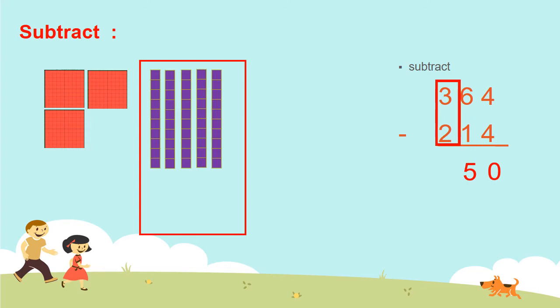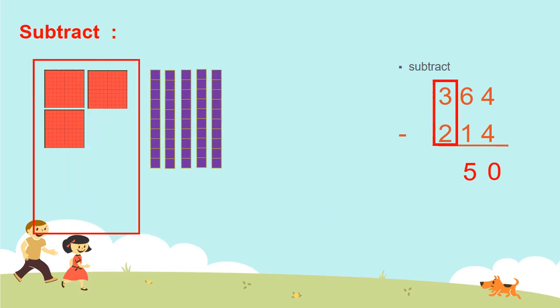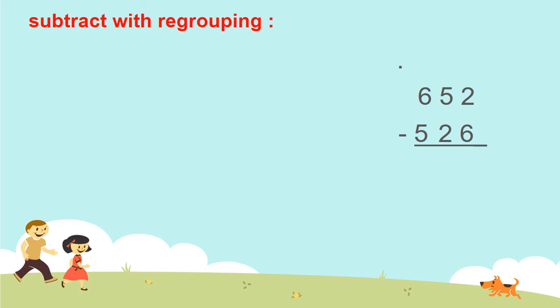Now we go to the hundreds. We have 3 hundreds and we want to remove 2. So remove 2. What do we get? 1. Good job. Let's continue. Now read this number. It's 652.